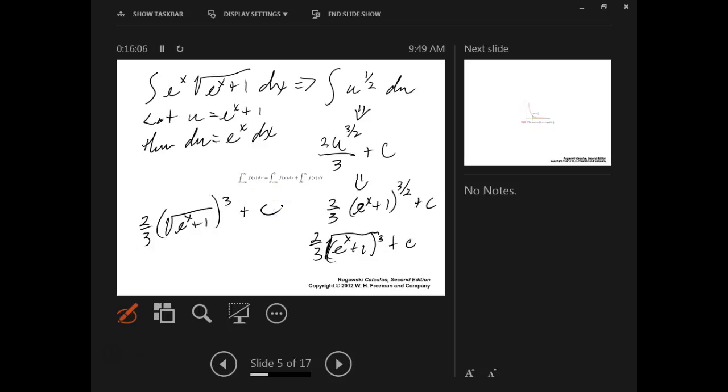Both of those are the same. You can either take the square root and then cube it, or you can cube inside the square root and then take the square root. I like that answer over there the best, but your original problem had radicals in it, so if you wanted to write a radical, you could. Not required, and they don't give an answer, so don't sweat it.